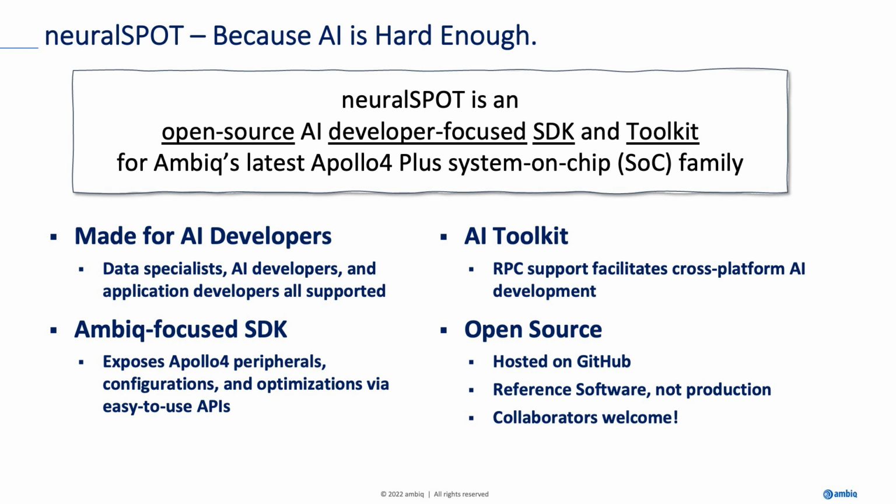But we also have some development tools. That's what the toolkit means: ways for you to connect your development platform to a laptop so that the Python world, which is where AI development lives, at least in the training space, and the deployment world can communicate with a little less friction.